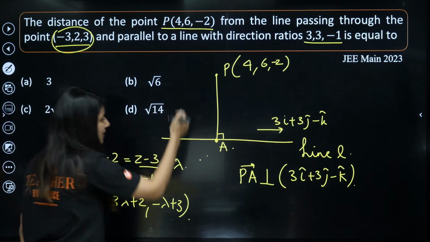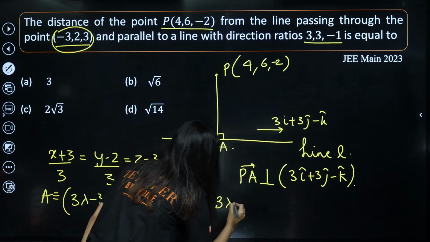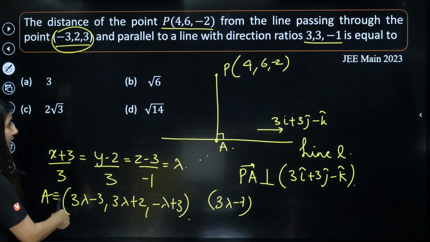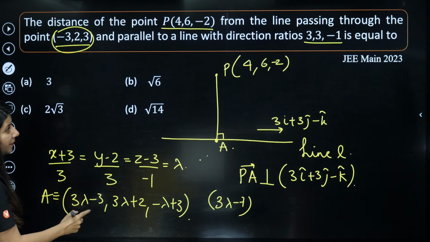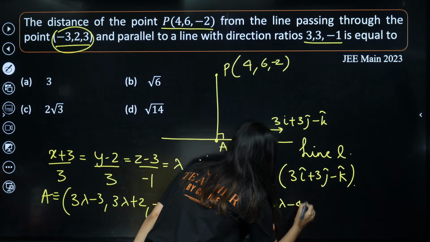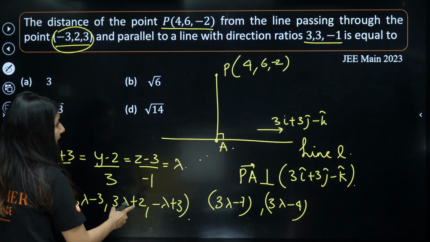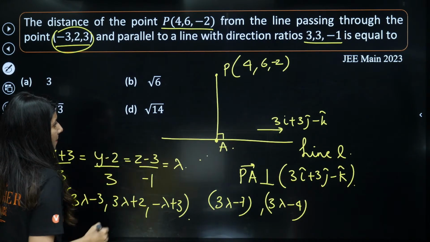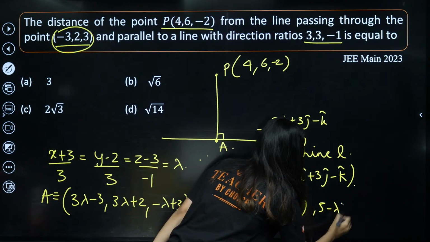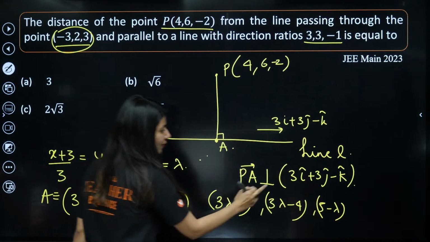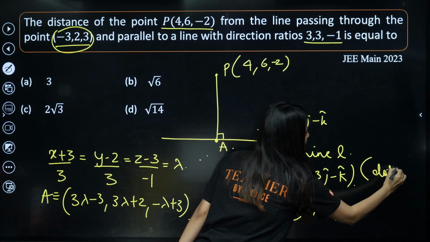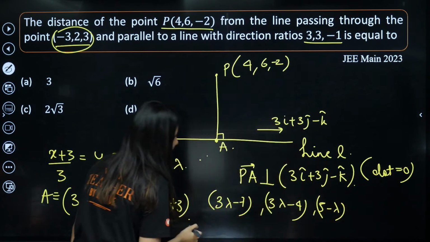PA vector is A minus P, so 3 lambda minus 7, 3 lambda minus 4, and minus lambda plus 3 minus 2, so that would be 5 minus lambda. We need to take the dot product of this with this, and the dot product will be 0.